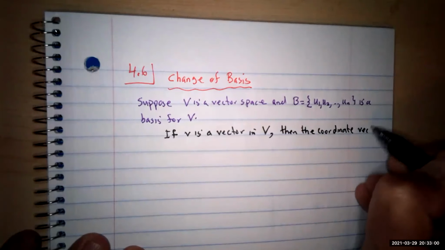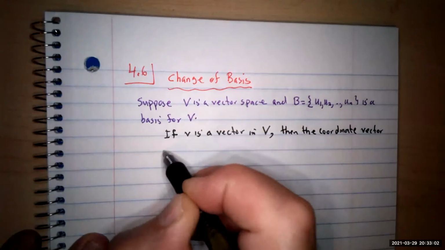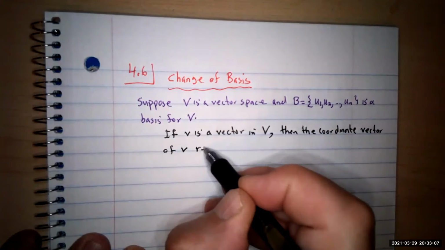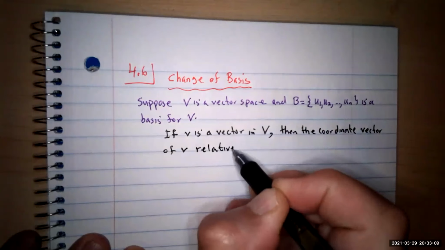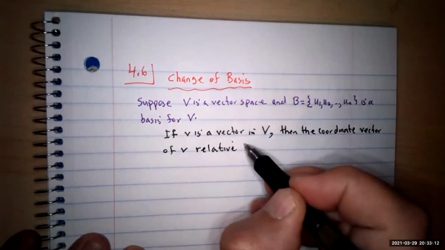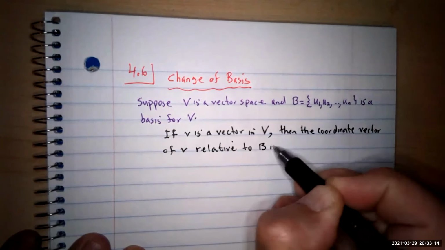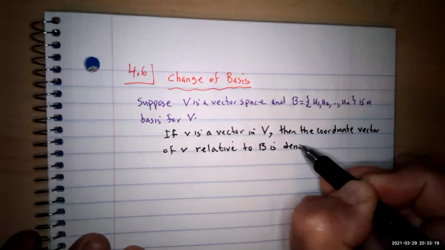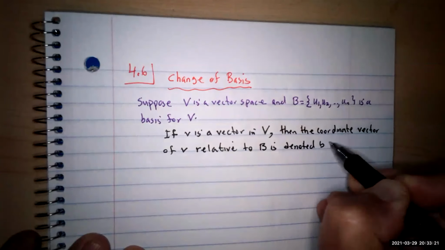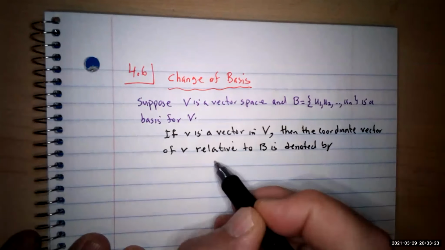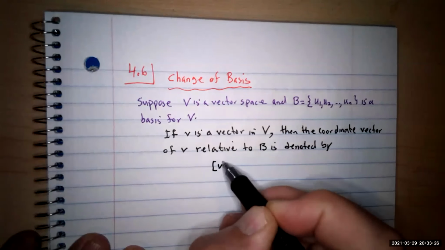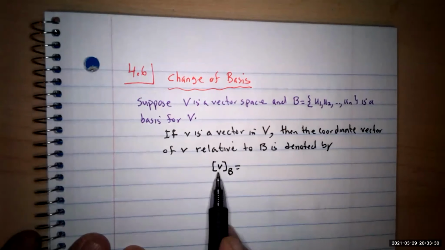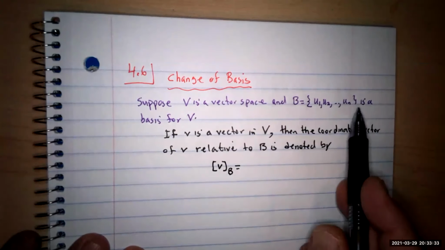The coordinate vector of this vector v relative to B is denoted by, remember the notation that we use, v in brackets B. You write v as a linear combination of U1, U2, up to Un, with scalars.